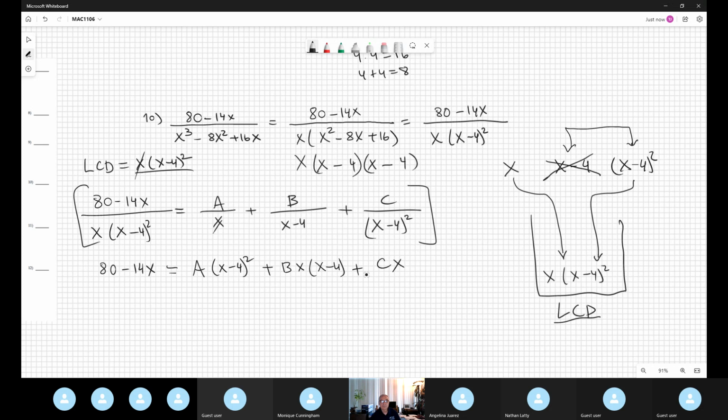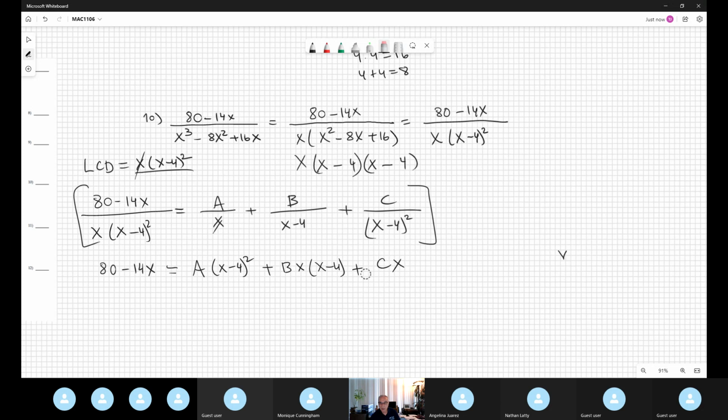Okay, cool. Now you try to investigate, see if we have a smart value or no, and plug it in. Of course we have, because it's real. So when it's real, we always have a smart value. One smart value is 0. Because when I plug in 0, C is gone and B is gone. And another smart value is 4. When x equals 4, B is gone and A is gone.